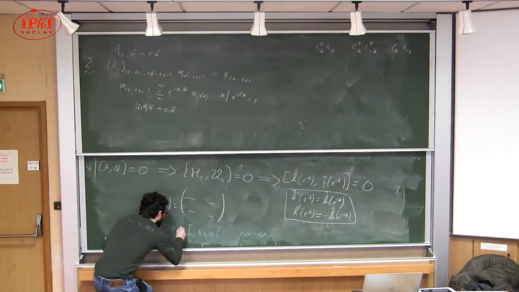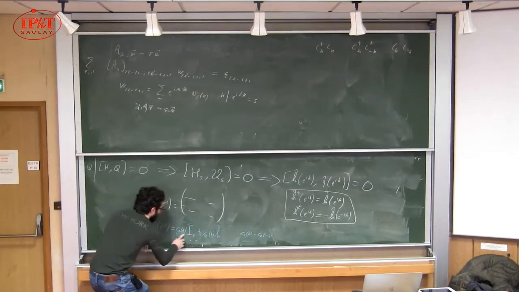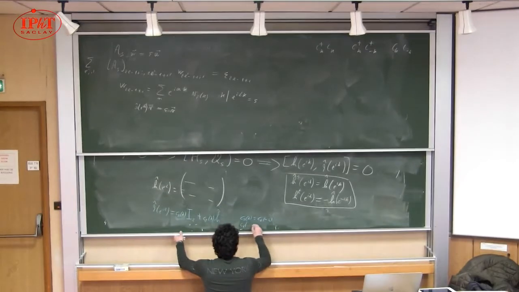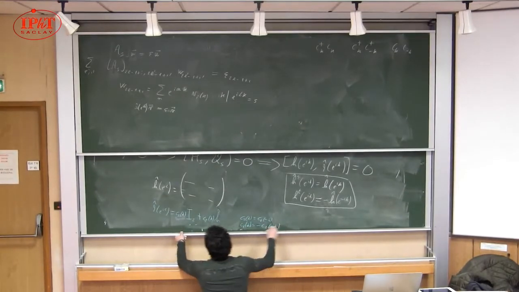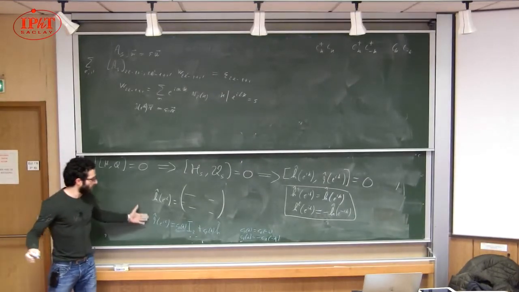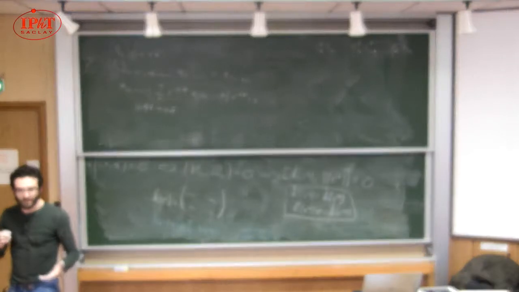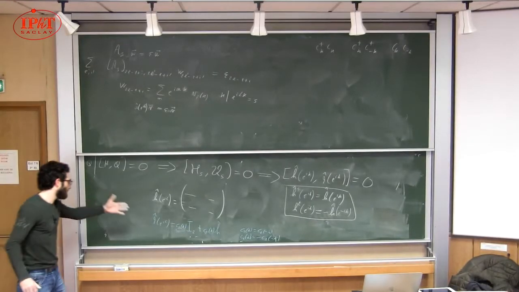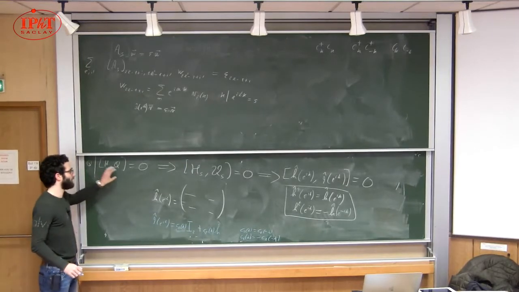So if you put C1 of k here, C1 of k should be equal to minus C1 of minus k. This is the symbol of the most general non-interacting operator computed with H.